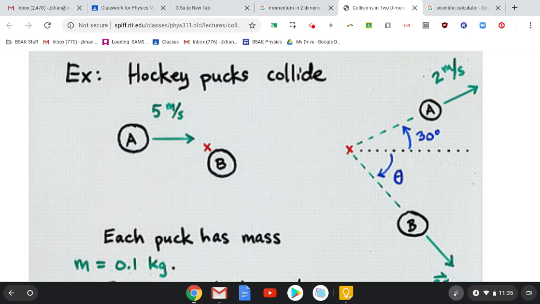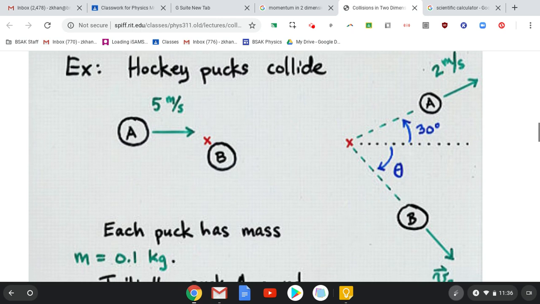Now, I want to go to this specific example, and I've skipped the stuff in between that I've scrolled past. Now, what you've got is two objects. Object A colliding with object B. So you have object A making its way to object B, slightly off center, and after the collision, object A moves off in this direction, object B moves off in this direction.